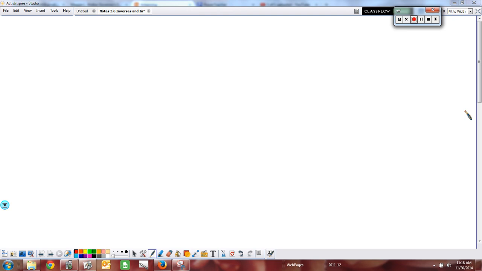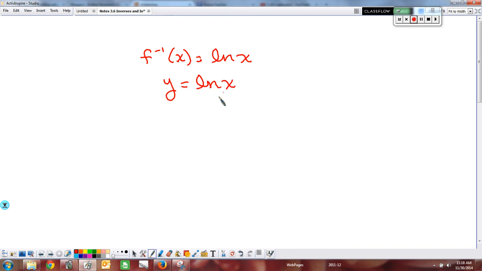one of the techniques for finding derivatives of inverses, besides using the shortcut rule, was something we had done with the log function and e to the x. In order to find the derivative of f inverse of x, which was equal to the log of x, we thought of this as y equals ln of x.